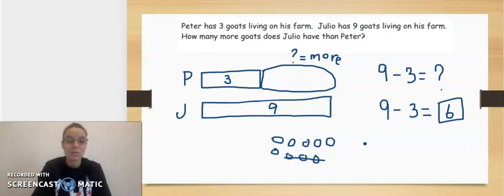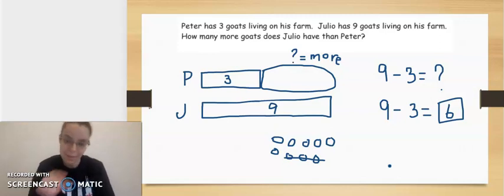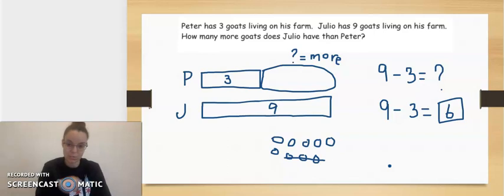My answer sentence would be, Julio has 6 more goats than Peter. My answer sentence answers the question. Julio has 6 more goats than Peter. So that means my missing number right here is 6. I know because 3 plus 6 equals 9.